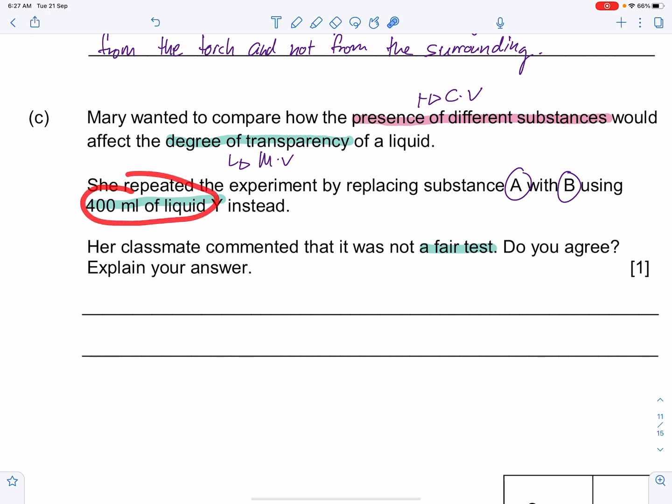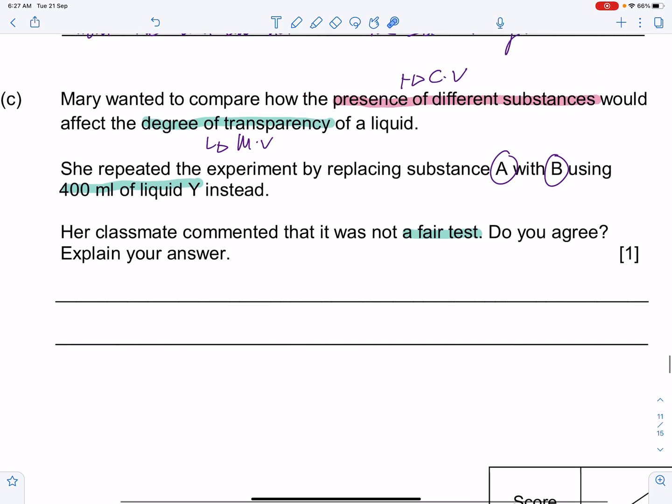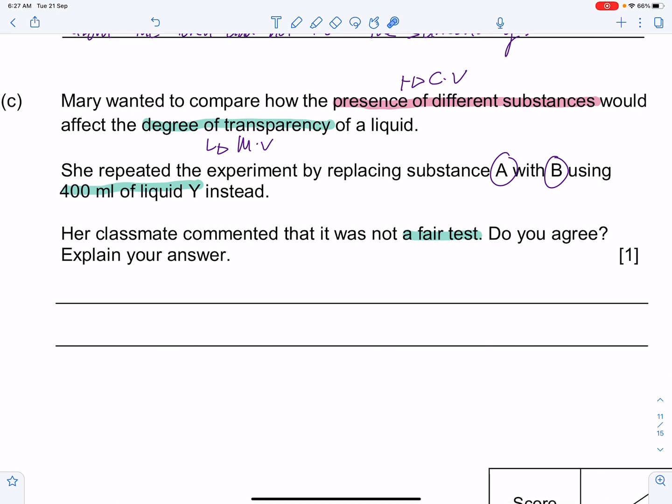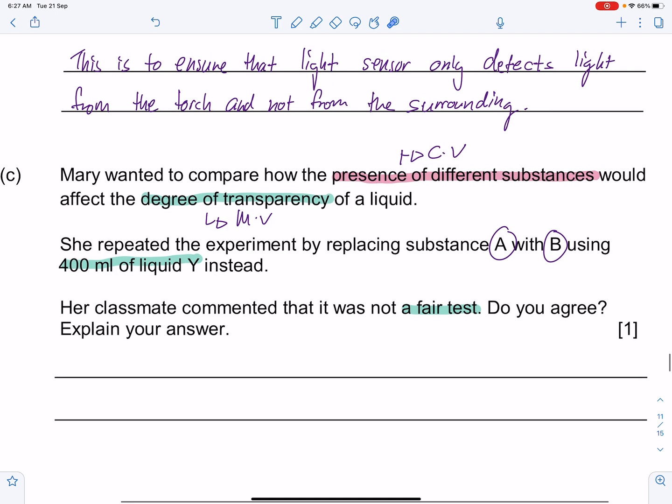And they are also using 400 ml of liquid Y. So in this case, I would say that this is actually not a fair test. Okay, reason being that there should only be one change variable, but in this case, you used liquid Y instead of liquid X.